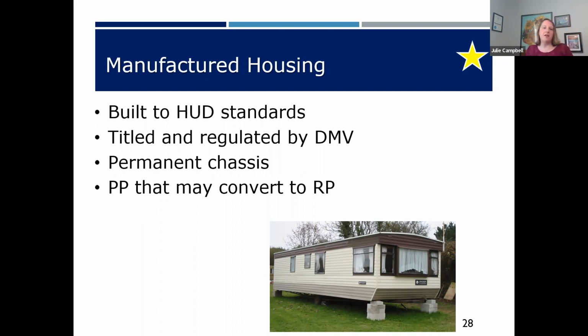Once you remove the wheels, put it on some kind of permanent foundation, remove the hitch, and cancel the title at the DMV, now you've converted that manufactured home from personal property to real property.